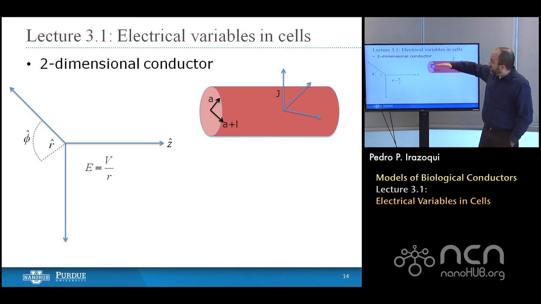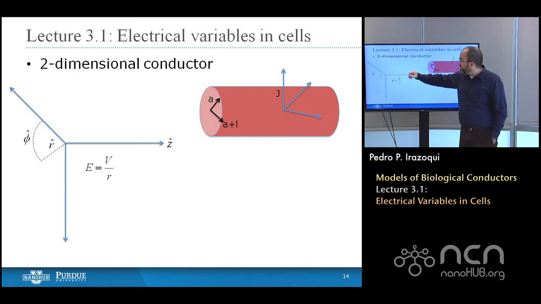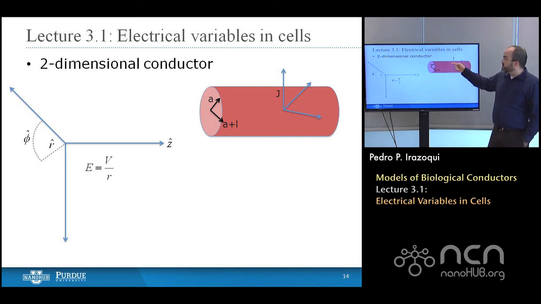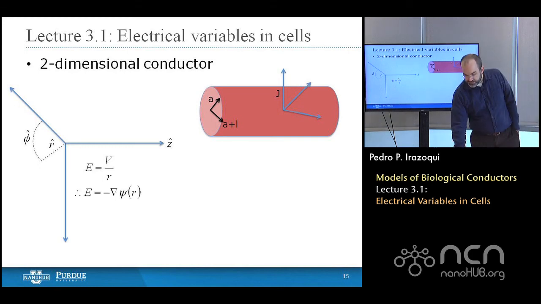But now we're going to align this axon with our coordinate system such that it is coaxial with the z-axis, so that the R-hat direction describes flow out of the membrane in any direction, so long as it's perpendicular, and phi describes rotation along the surface of the membrane.